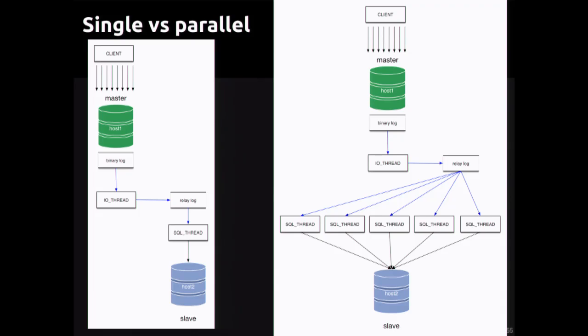For example, it can be split by database, or can use the logical clock that deals with the information set in the master to allow the slave to parallelize information more or less in the same way that were run in the master.